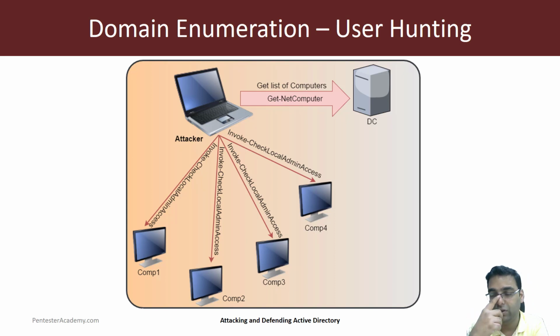There is an option within Find-LocalAdminAccess called ComputerFile. So run this function in chunks of, let's say, not more than 200 machines at a time. Also, this function leaves a 4624, which is a logon event, and a 4634 logoff event on each and every machine in the domain. So please be mindful if you're running this in a red team operation, right?